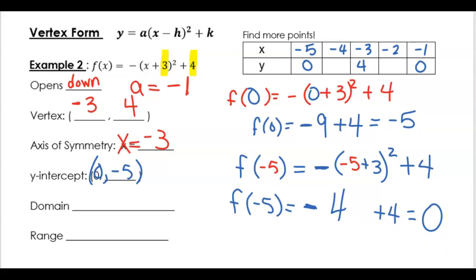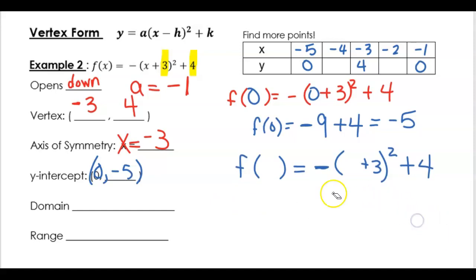Because I'm running out of space here, I'm just going to erase this. Instead, I don't have room to write a whole different one. What's my next number right here? I'm going to put in a negative 4. What's this going to be equal to?